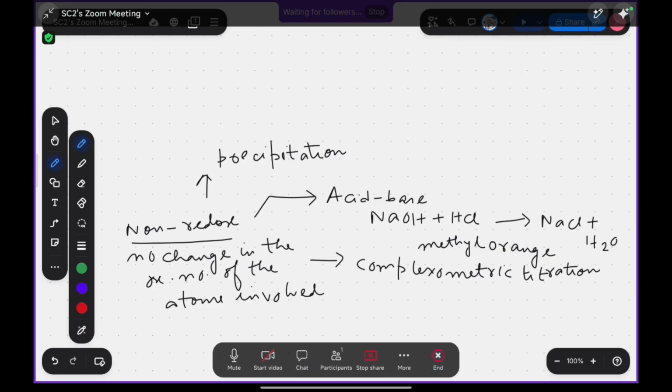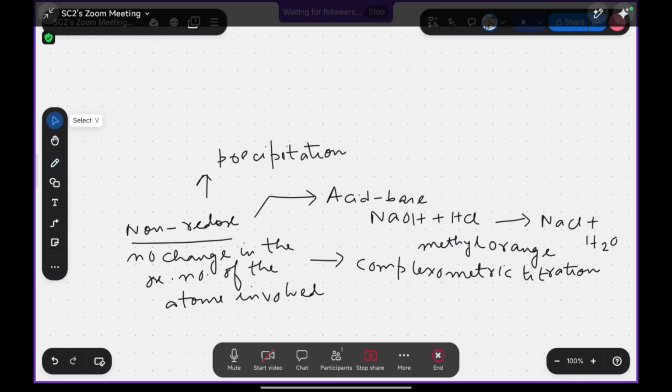All the double displacement reactions, that is neutralization reactions and precipitation reactions, are non-redox in nature. There is no change in the oxidation state. So non-redox titrations involve no change in the oxidation state of the atoms. There are three types: acid-base titration, complexometric titration, and precipitation titration.